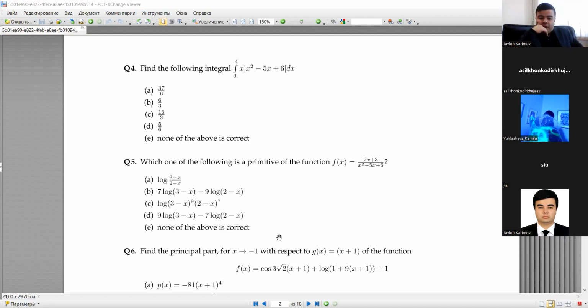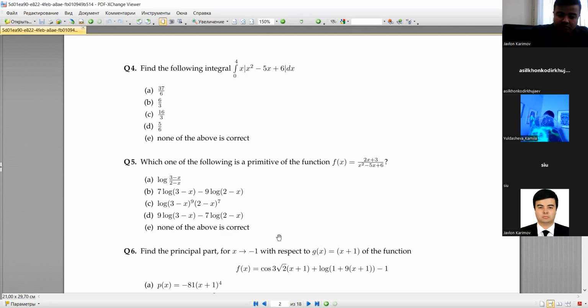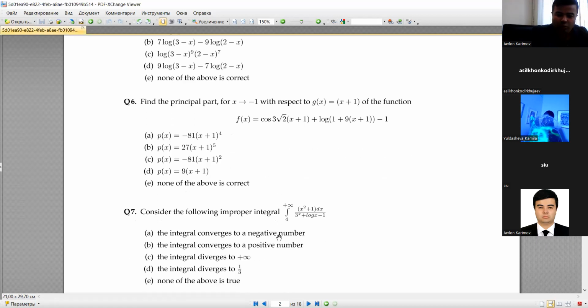Correct. Okay, now find the principal part. Number 6. We have considered it in our lectures, also how to find the principal part.